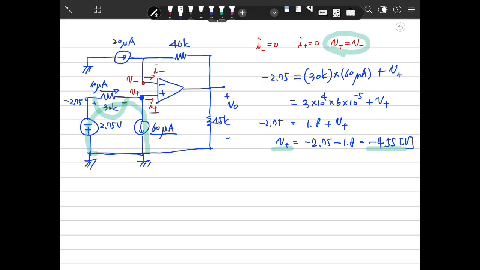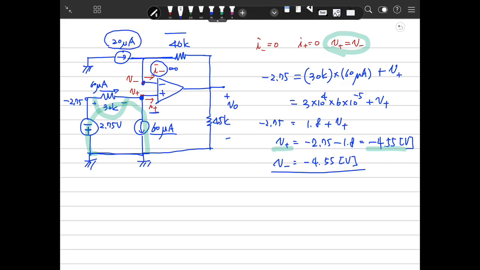Then from here, we already know V minus is also minus 4.55 volt. From here, we know the voltage here. So I minus is 0, right?